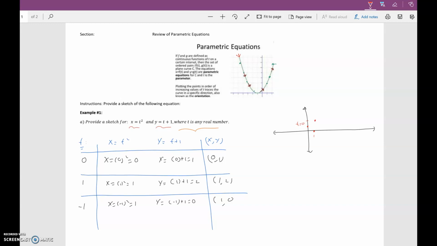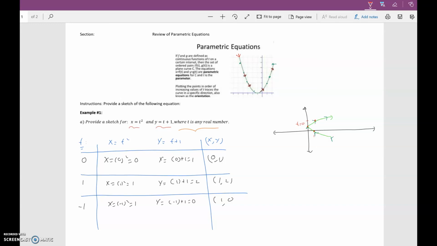Now, we can select more coordinate points, but you can actually see the graph of this one. It's going to be this sort of a parabola, but these functions actually follow the path. So in this particular one, it's going in this direction.